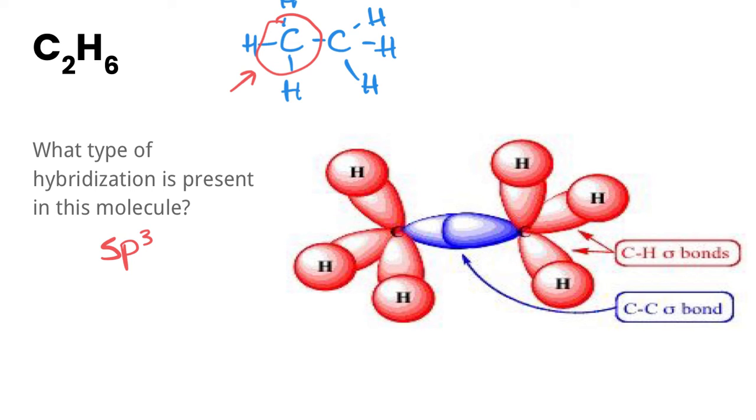Now, we can have end-to-end overlap of those orbitals. Between two sp3 hybrid orbitals, between the two carbons, that's going to create a sigma bond. And between the carbon and the hydrogen, we have overlap of an sp3 hybrid orbital with a 1s orbital from hydrogen, and that is also forming sigma bonds. Because we have all single bonds in this molecule, there are all sigma bonds.